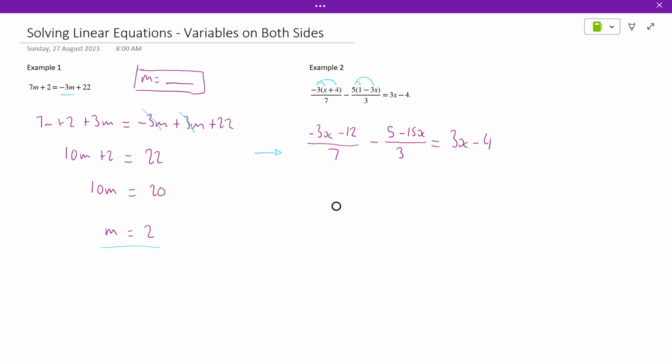What that is going to look like is on the left-hand side, I'm going to have 7 times everything on the left-hand side of the equation in my second line.